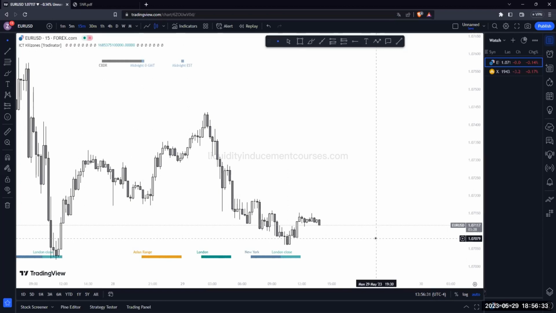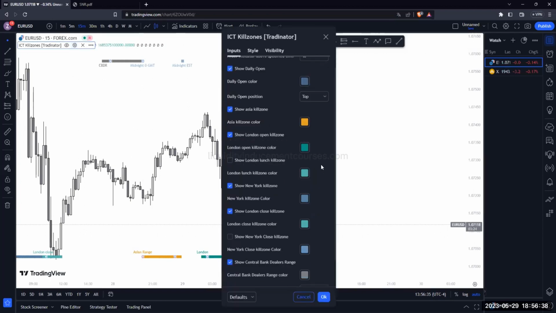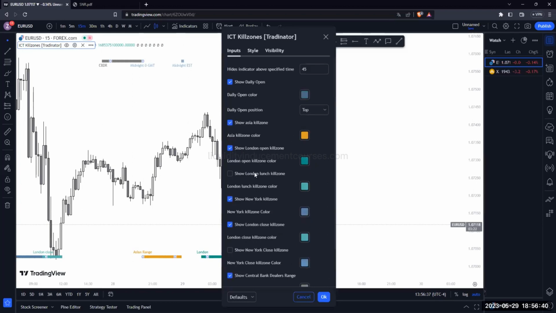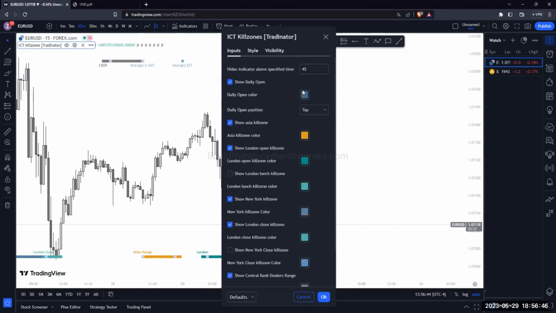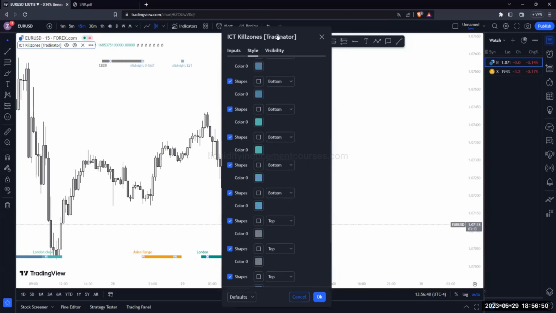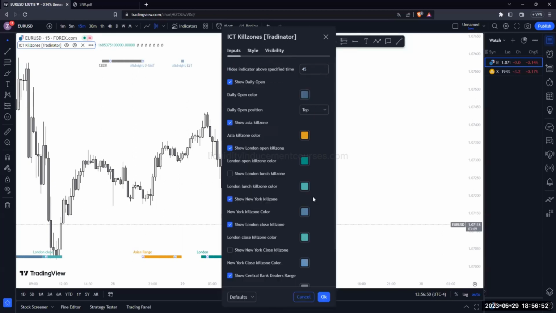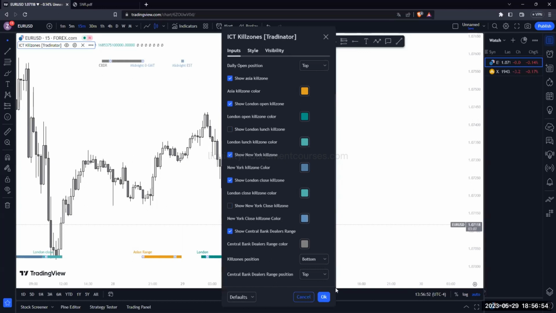Can you show inside, you remove the highs and in between the middle colors and all? Yeah. Show London lunch, remove it. Show New York close, remove it, and leave the rest. Style default, visibility default. Okay, cool.